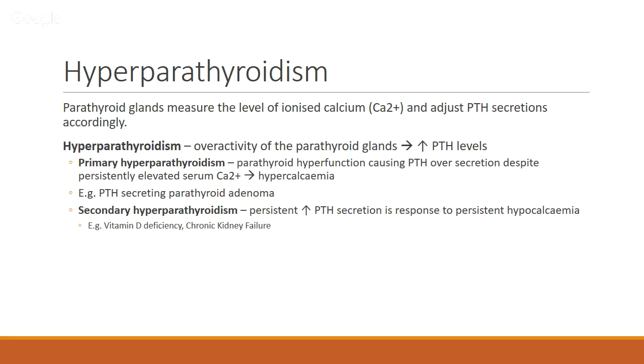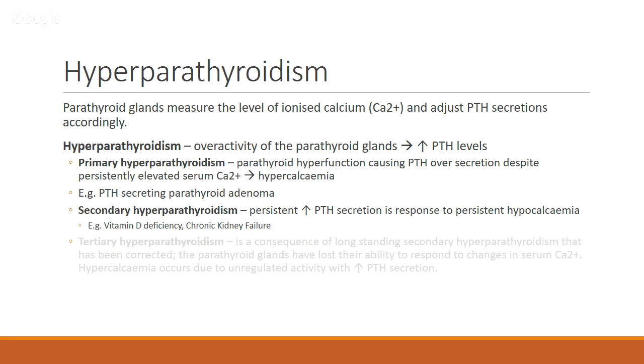There's secondary hyperparathyroidism. So this is the parathyroid glands over secreting hormone due to hypocalcemia, so as to bring calcium levels back to normal. So you can see here, because the parathyroid glands don't have a pituitary regulator, the definition of the secondary disease is going to be different from the thyroid gland compared to the parathyroid gland.